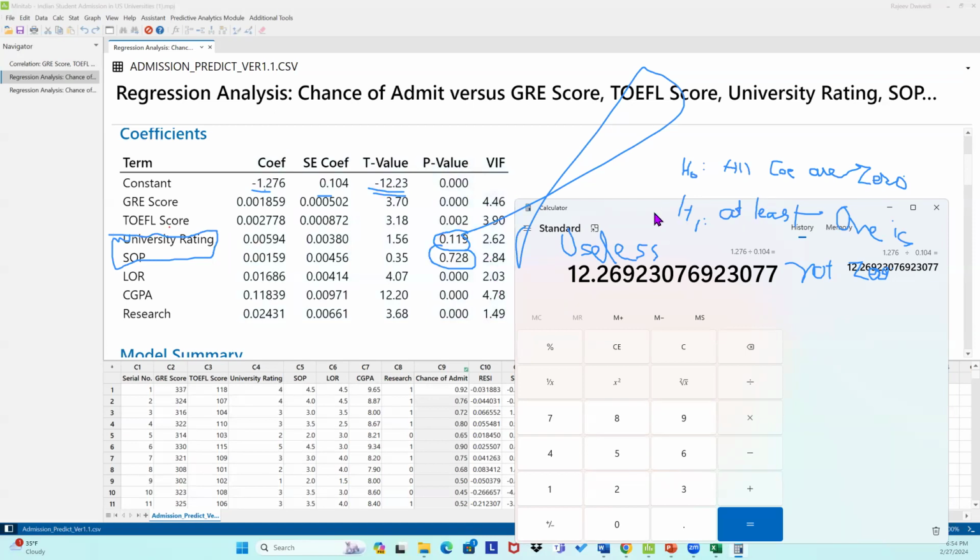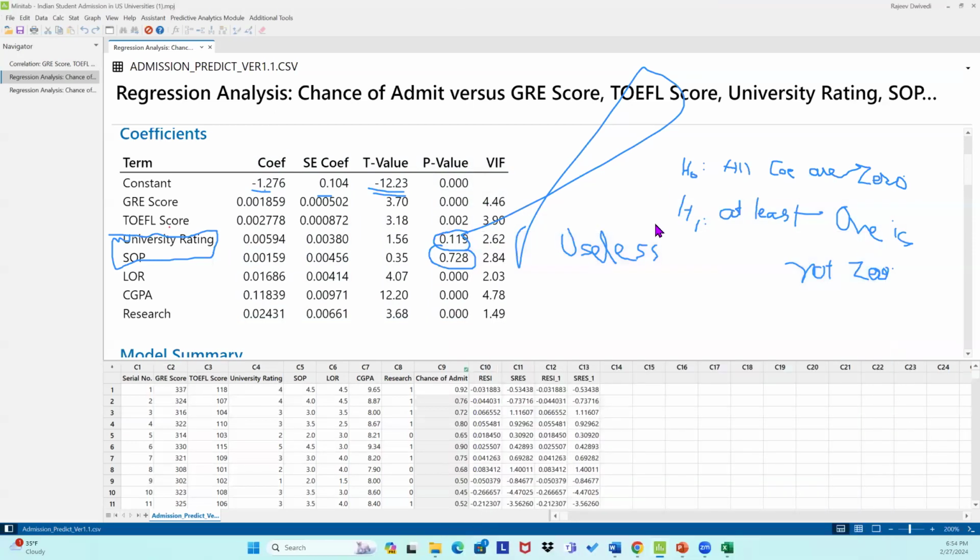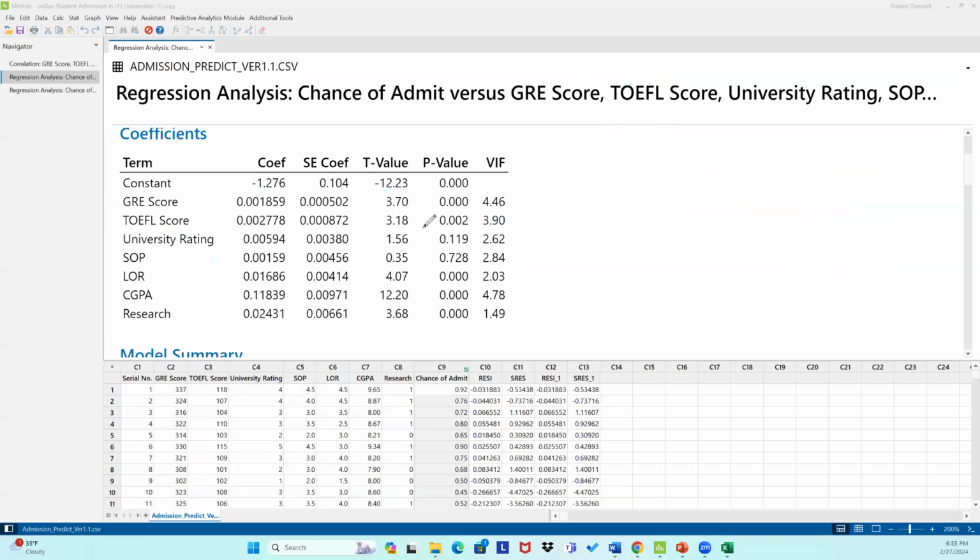We will talk about VIF, variance inflation factor, later on. Now you understand which variables are useful in the model. Now let's go into the next step, which is the model summary.